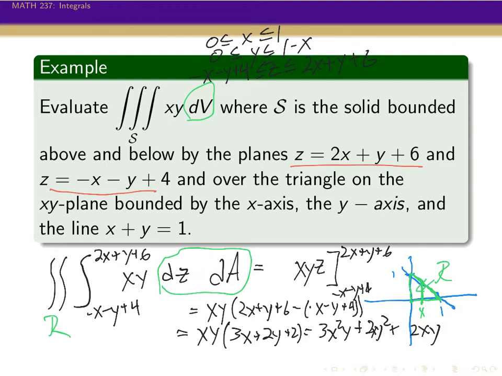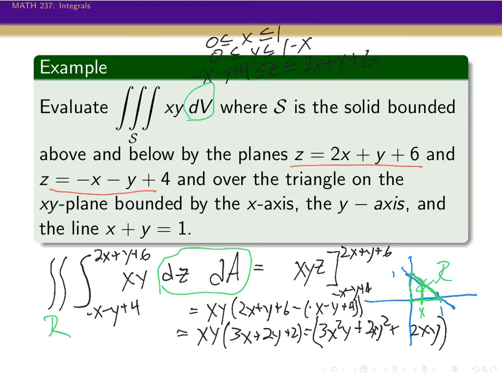And so that's what we get from doing the innermost integral in terms of z. Now we're going to plug this back in and do our double integral in terms of x and y that's left. Important thing to note, at this point all the z's are gone. We have completely eliminated the variable z, and we are down to a two-variable problem.